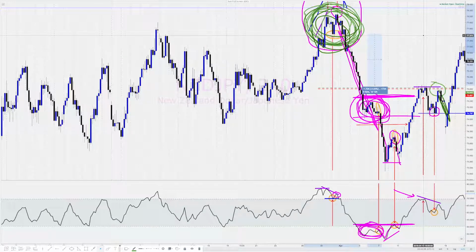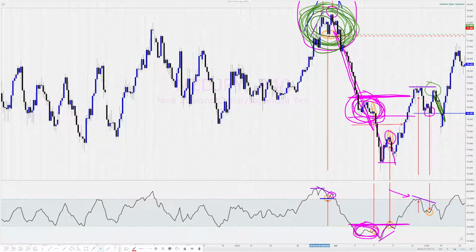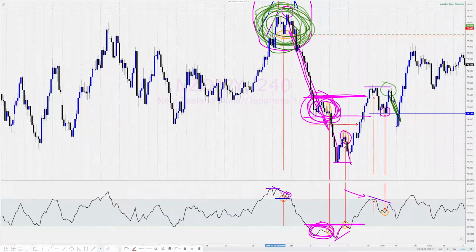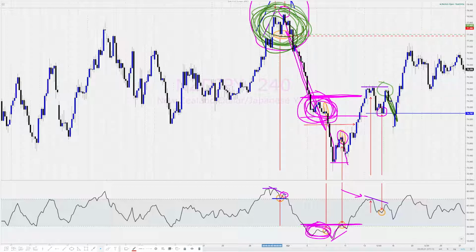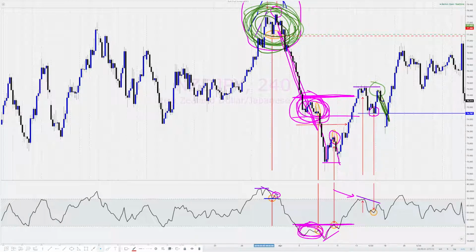And our entry is definitely, let's see, we entered here. At this point, we most definitely have a stop loss in profit. And let's run it. And this is what I like to do. Enter with 2 or 3 positions, take profit on 1, on 2, and leave at least 1 to run on.